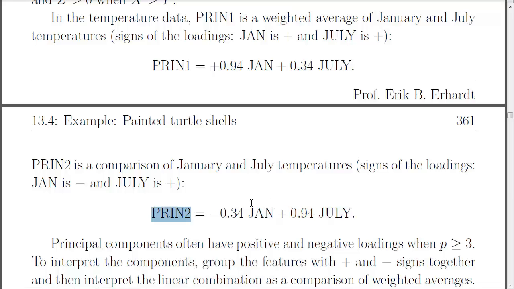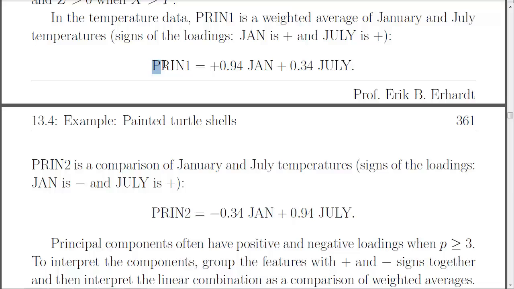When January is high and July is low, principal component 2 is low, and where there's very little contrast between the two temperatures, a very steady temperature for a particular city. But where this contrast is high, say when January is very low and July is very high, then this contrast is very big. So that's a city that has a high principal component 2, which describes a big difference between those two temperatures, so a lot of variability in temperature over the year.